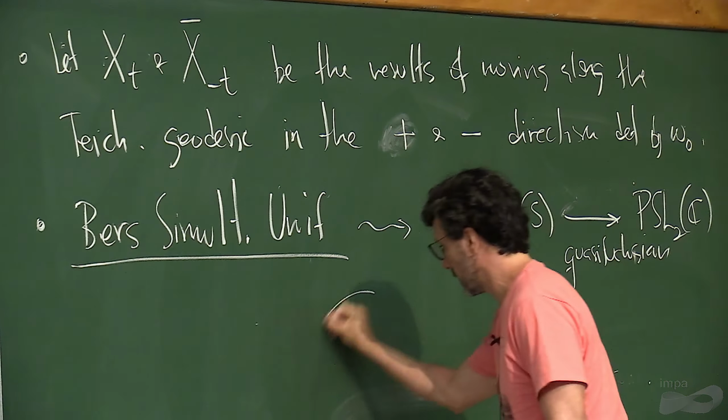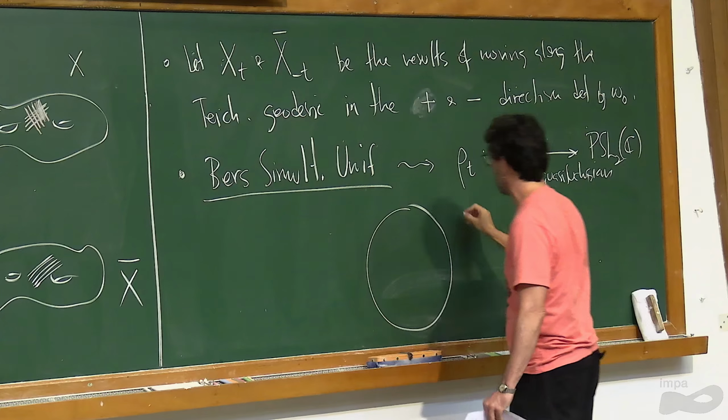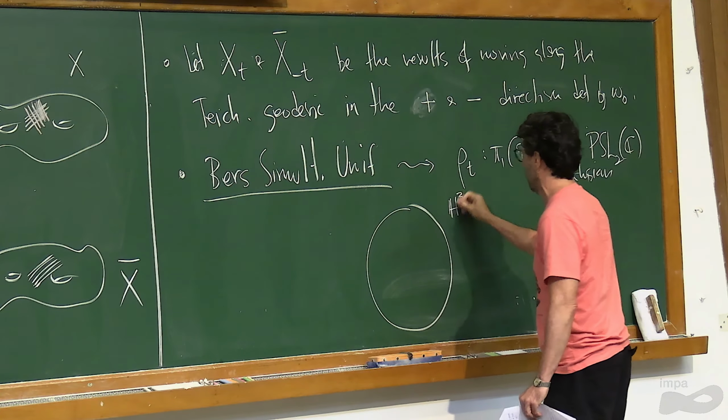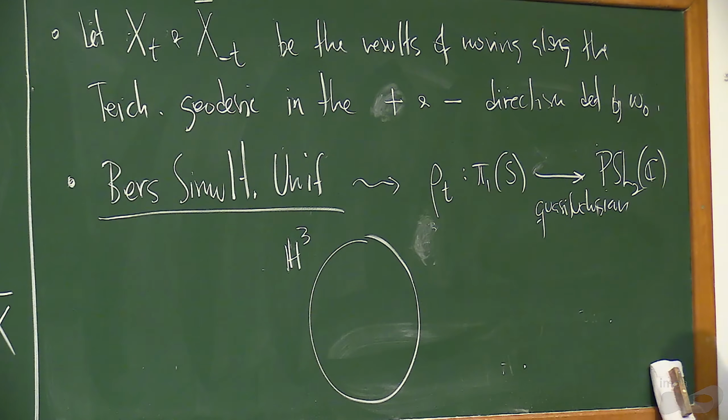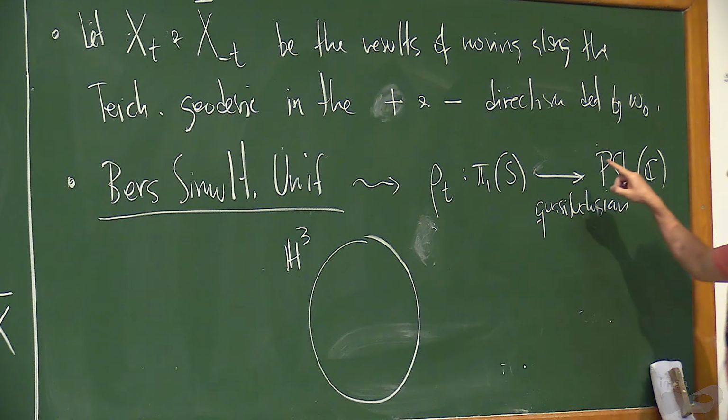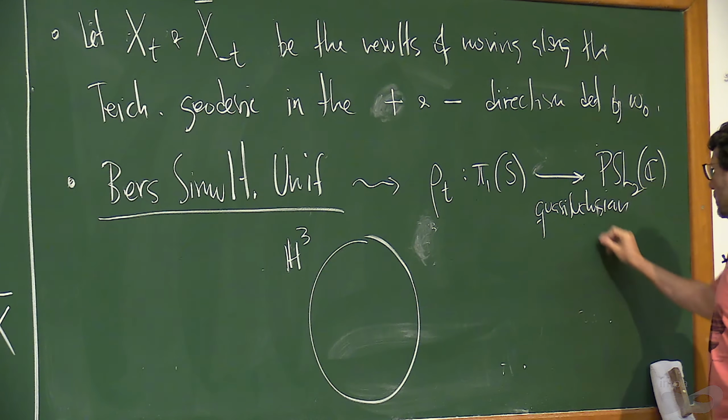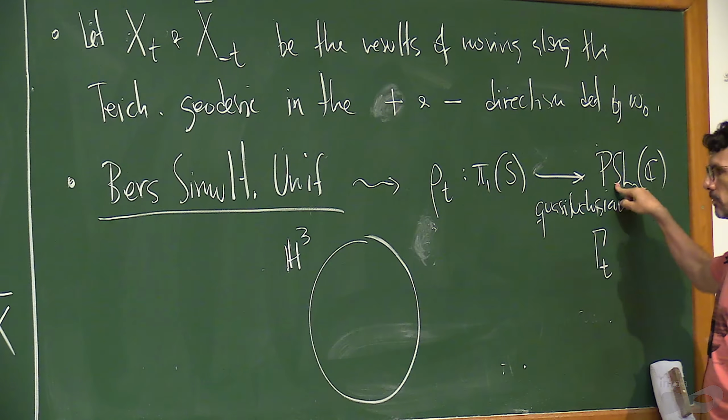Now this is a drawing of H3, and the group in here, gamma_t, is the group that sits here.